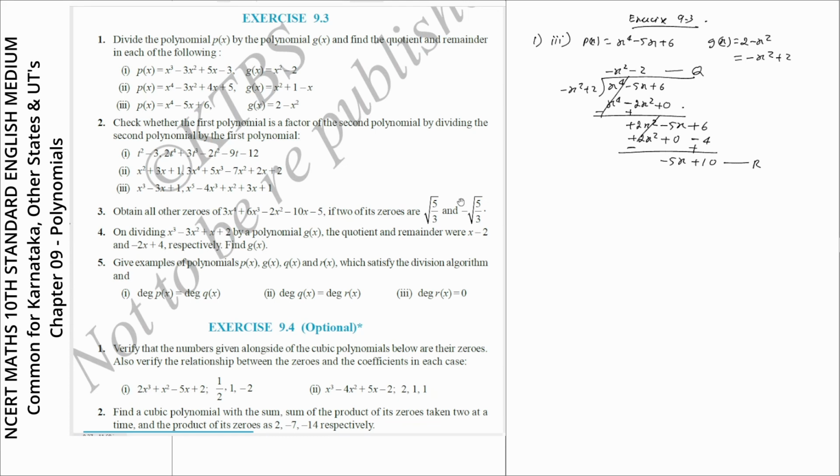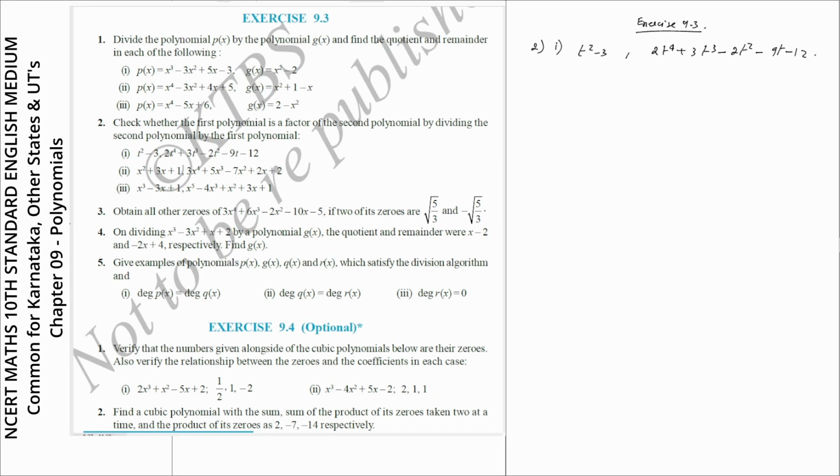Once the degree of the remainder is lesser than the degree of the divisor, then we should stop division. So here the degree of remainder is 1. So minus x power of 1 plus 10 is there. So degree is 1. In the divisor you can see the degree is 2. So now I'll stop the division.